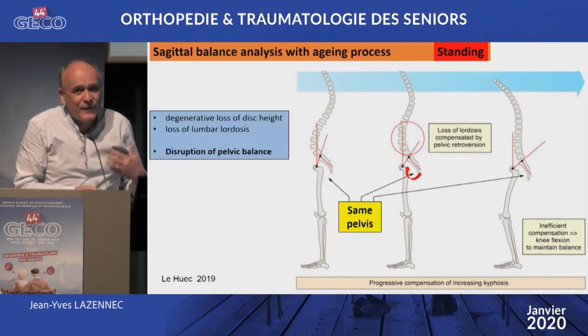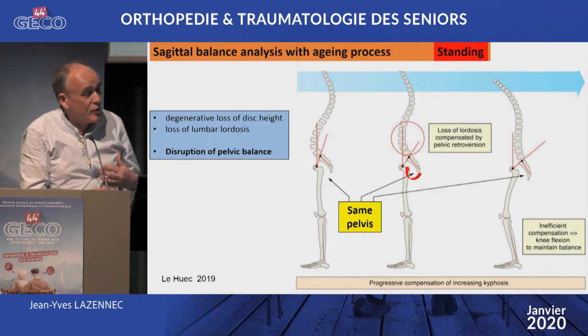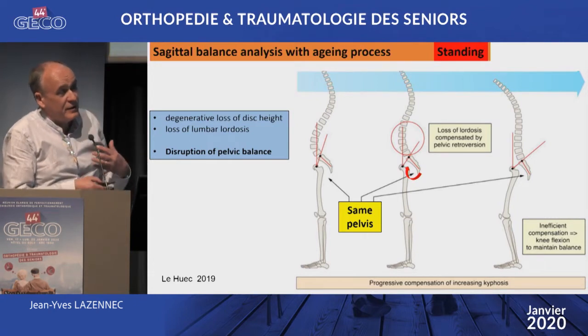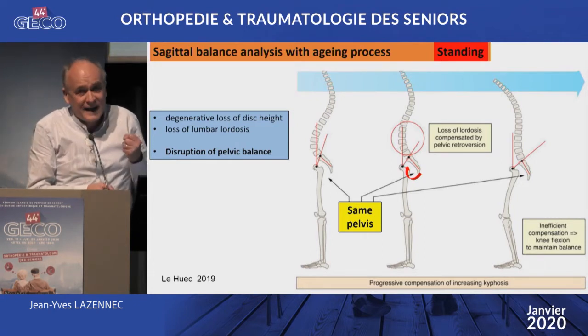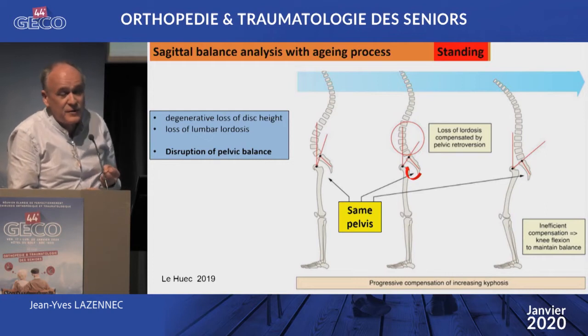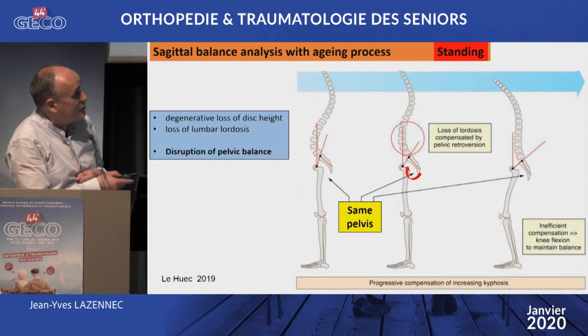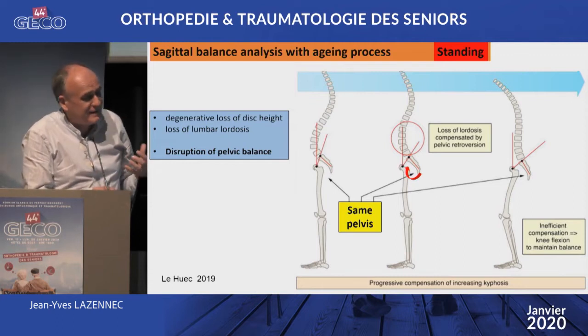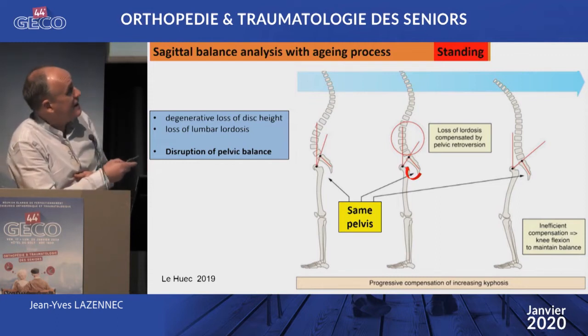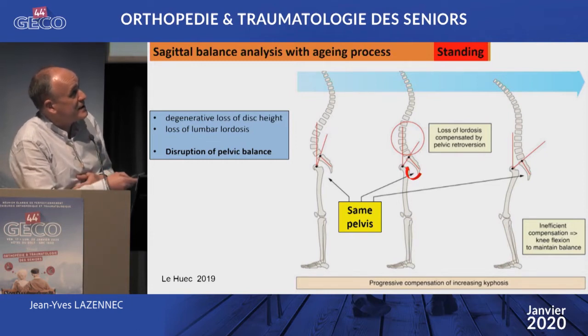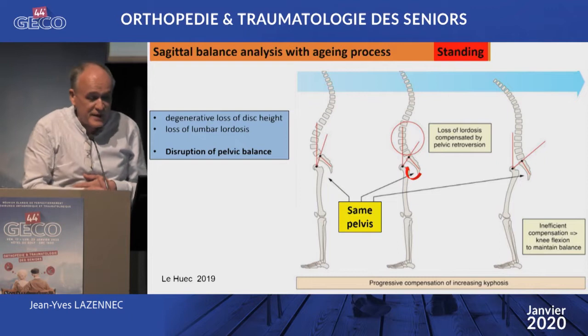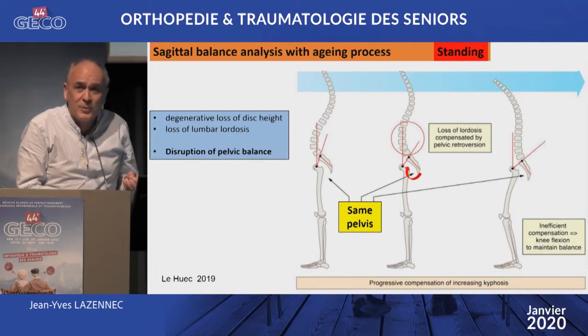So our knowledge has been rather patchy, let's say, up to the time when several surgeons started to focus on the lower limb impact of sagittal balance. And Le GECO in 2019 has shown that when there is an impaired sagittal balance, this does have an impact in the lower limbs.